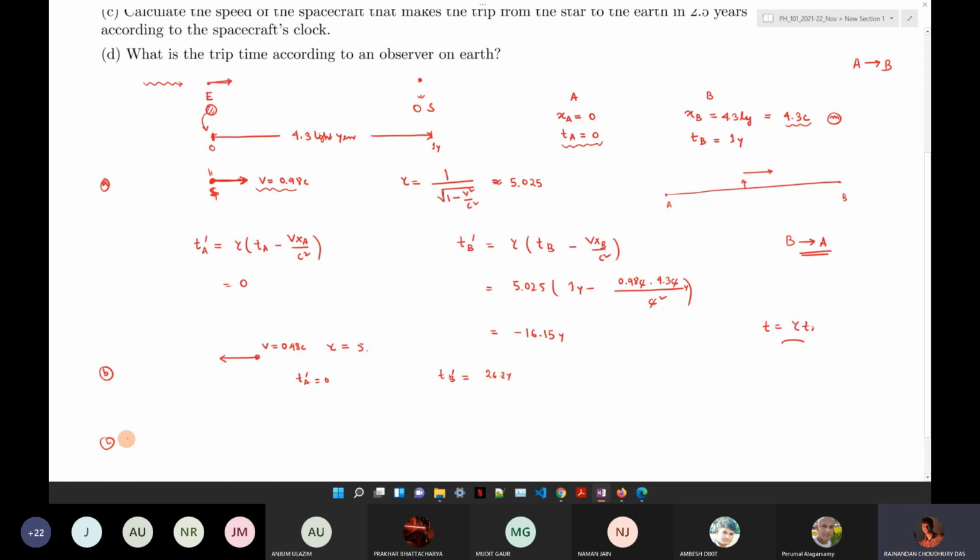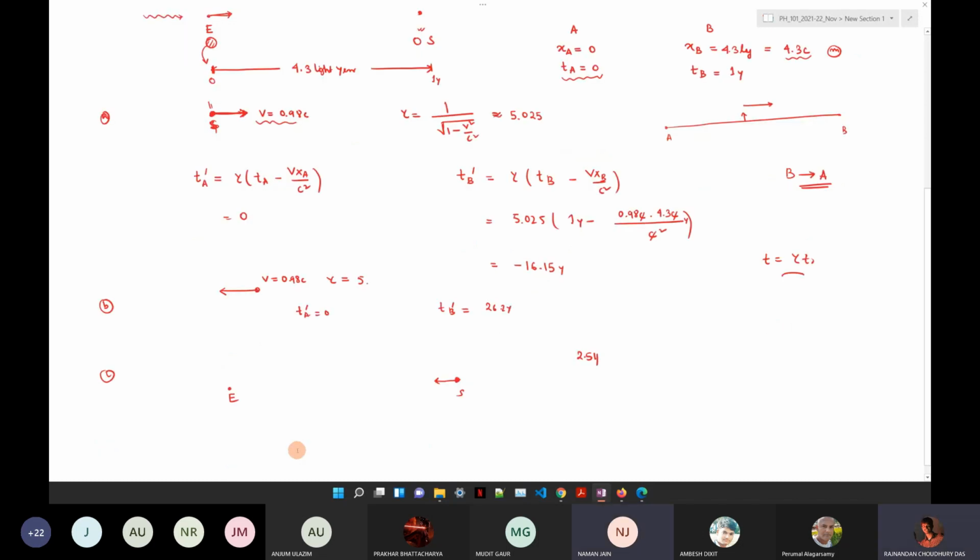Okay, that was part B. But in C, calculate the speed of the spacecraft. We are given that the spacecraft coming from the star to the Earth, in the spacecraft's frame, is taking 2.5 years. So this is the time. How much distance will the spacecraft have to cover according to the spacecraft itself?